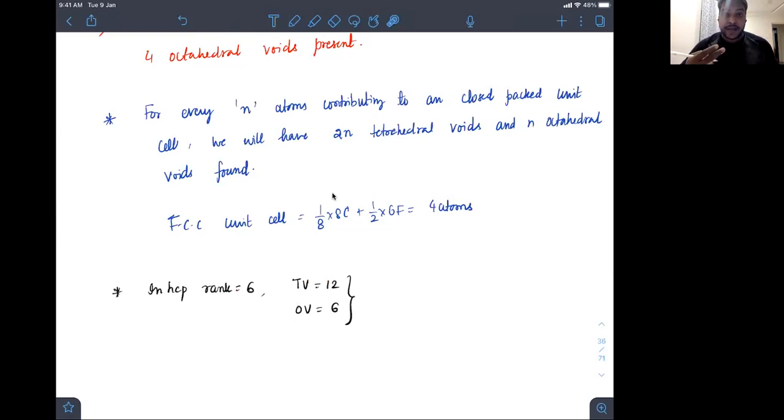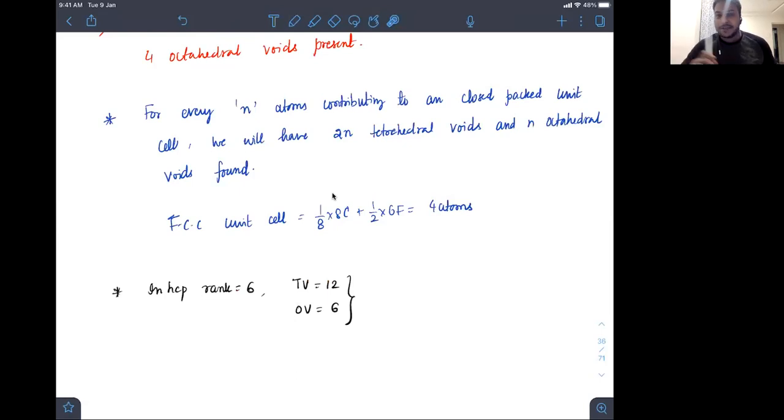Which means if you have n atoms, we will always have 2n tetrahedral and n octahedral voids. I hope you understood what I'm saying. This can be generalized. So if you only know the rank of the unit cell, you can comment on how many tetrahedral and octahedral voids will be present. If you have n atoms, which is the rank of the FCC unit cell, then we will have 2n tetrahedral voids and n octahedral voids.